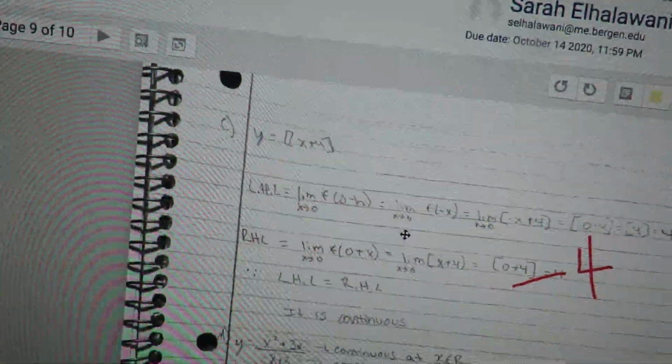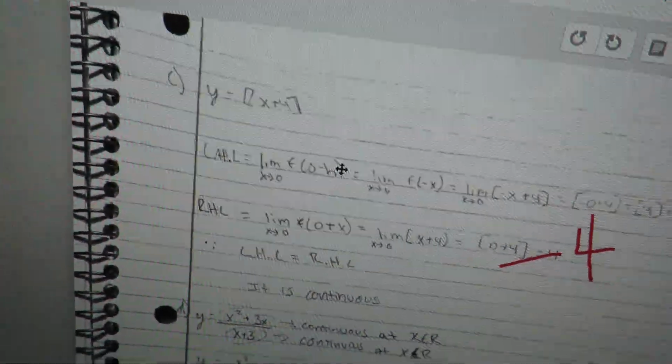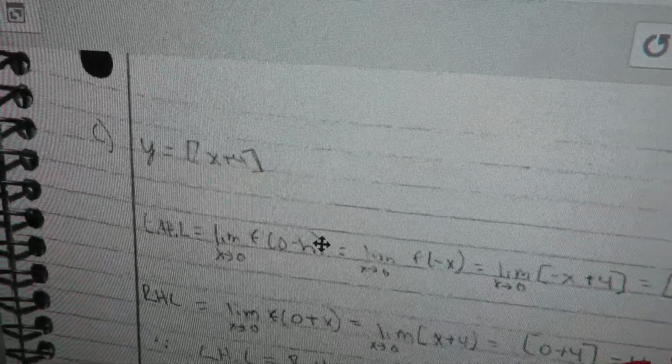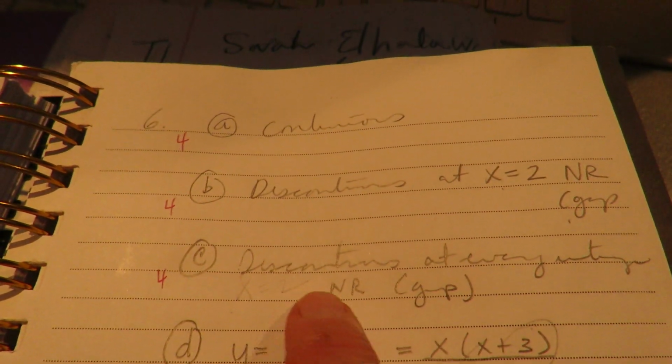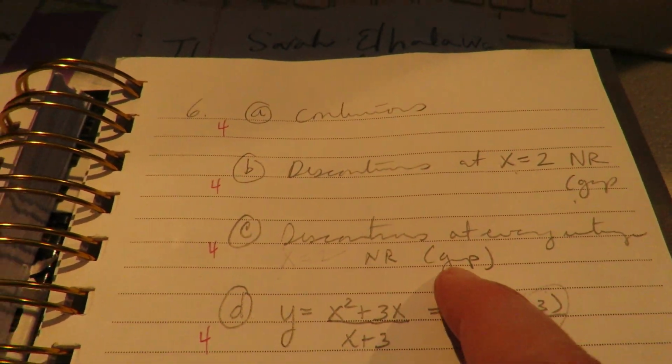You had a picture of the step function at the very beginning, so I know you know what that looks like. If you're very visual, which most of us are, I'll just let you look at what I specifically wrote. Let me get my notes out for you. I didn't do much more than just say discontinuous at every integer, non-removable, because you have an infinite amount of gaps, right? You have a step.